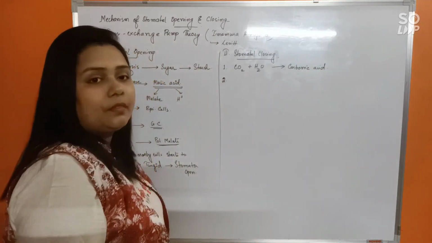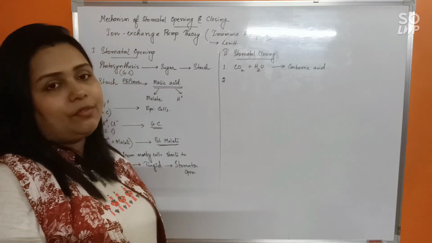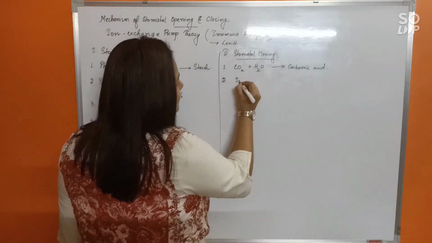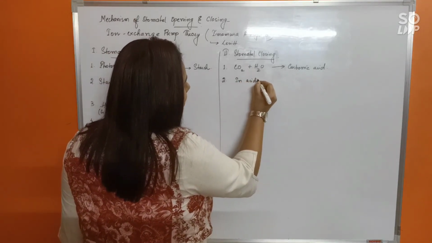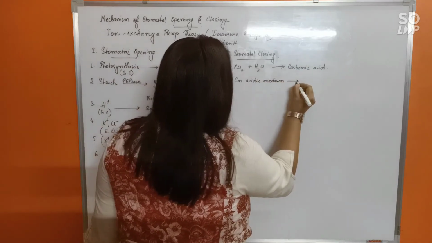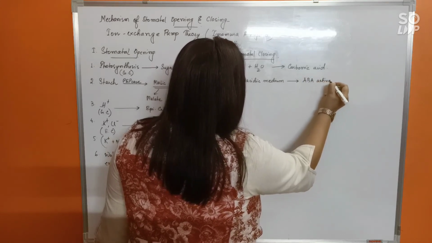Carbonic acid will make the entire environment inside the guard cells to be acidic. So in acidic medium, a plant hormone called abscisic acid will be activated.